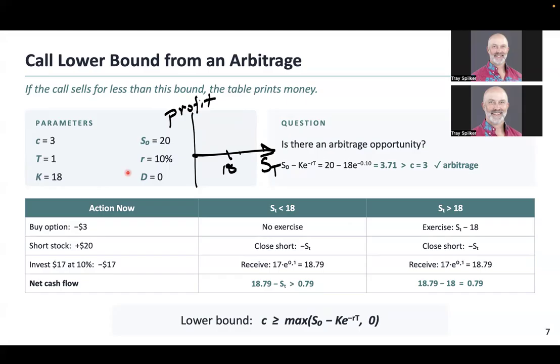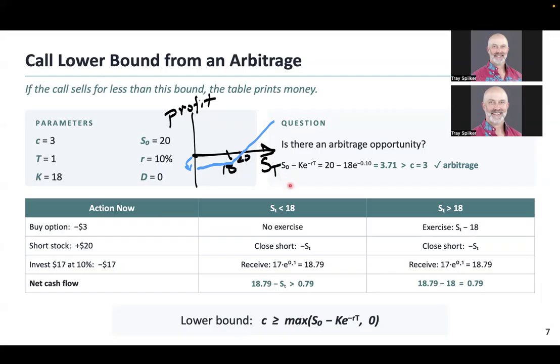So I'm just going to write it real small here, 20 bucks. And because the cost of this thing is $3, we're going to shift it down from the 0 line by $3, right? So our profit function looks something like this. This is what we're talking about here, visually at least.